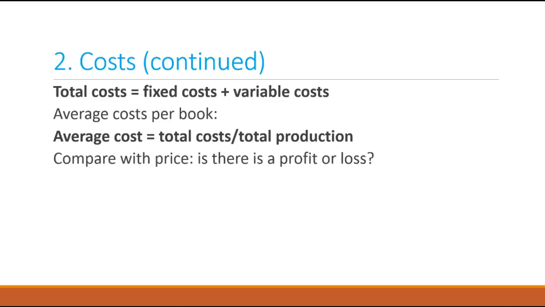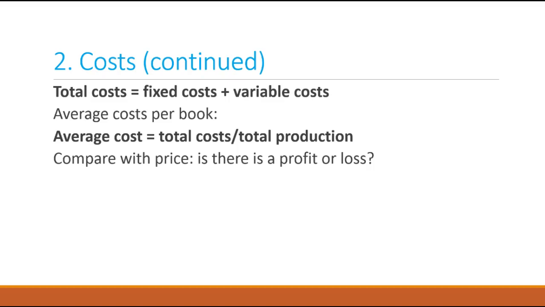It's useful to have average cost because we can then compare it with the price and quickly get a sense of whether we're covering our costs or not. So if the price is greater than average cost, obviously we are making some money, we're making a profit. If price is less than average cost, then we're not covering our full costs.